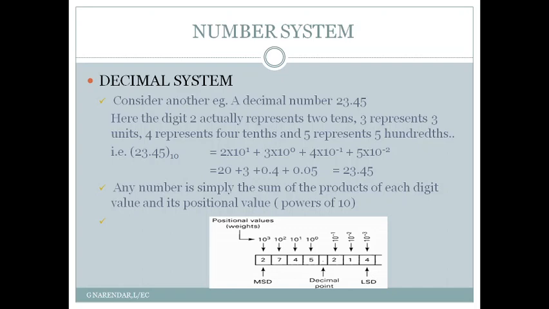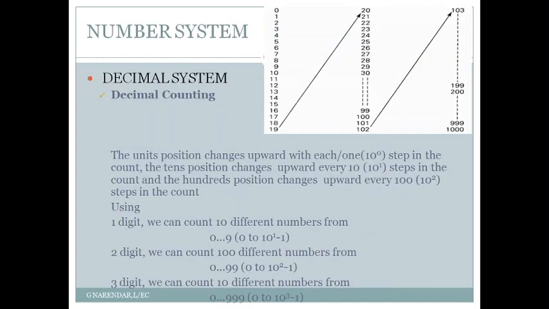And to get the value of any decimal number, we have to multiply the positional value of each position with its corresponding digit, and finally sum up all the products. Then you will get the value of the decimal number. And this is how the decimal number gets its value.